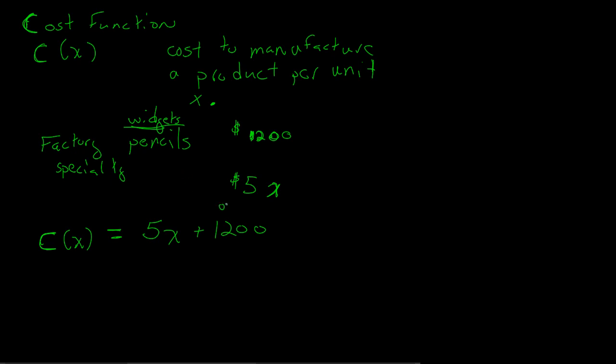And so this is the overhead or fixed cost, and this is the production cost. The more you produce, the more cost it's going to be, and the fixed overhead is something that you have to maintain, and usually that's bills.